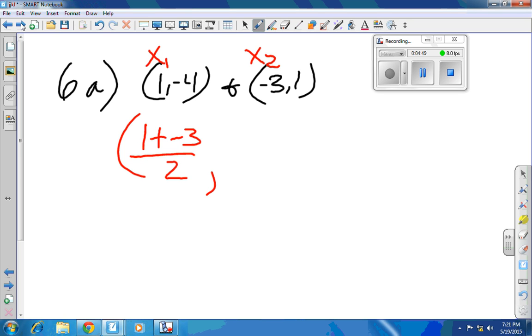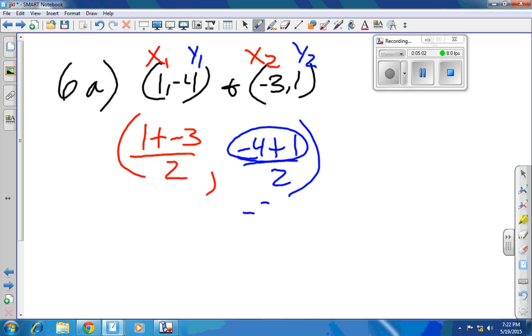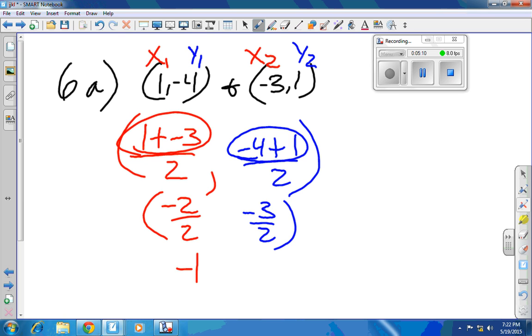Then I take y sub 1 and y sub 2, and I add them and divide by 2 to find the midpoint y value. Negative 4 plus 1 gives me negative 3, so negative 3 halves is my y value. 1 plus a negative 3 is a negative 2. Negative 2 divided by 2 is negative 1. So I have (negative 1, negative 3 halves). That's my midpoint.